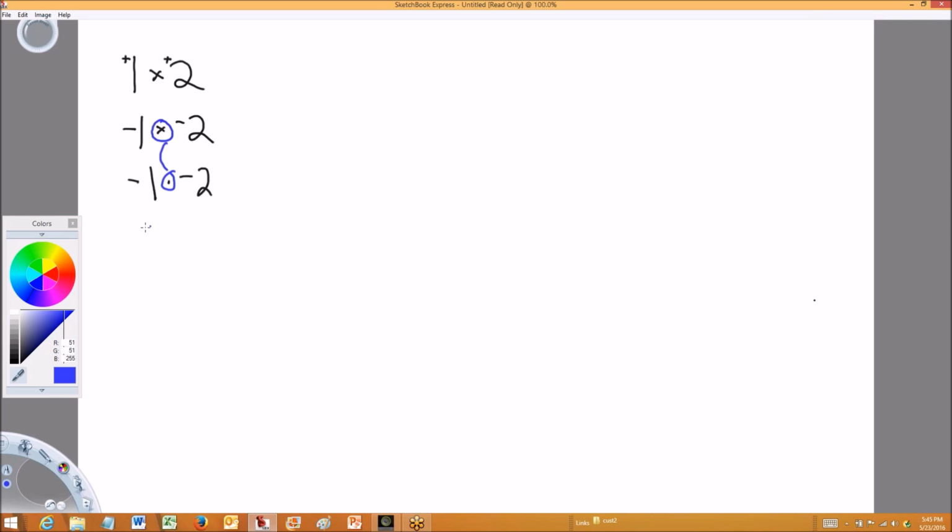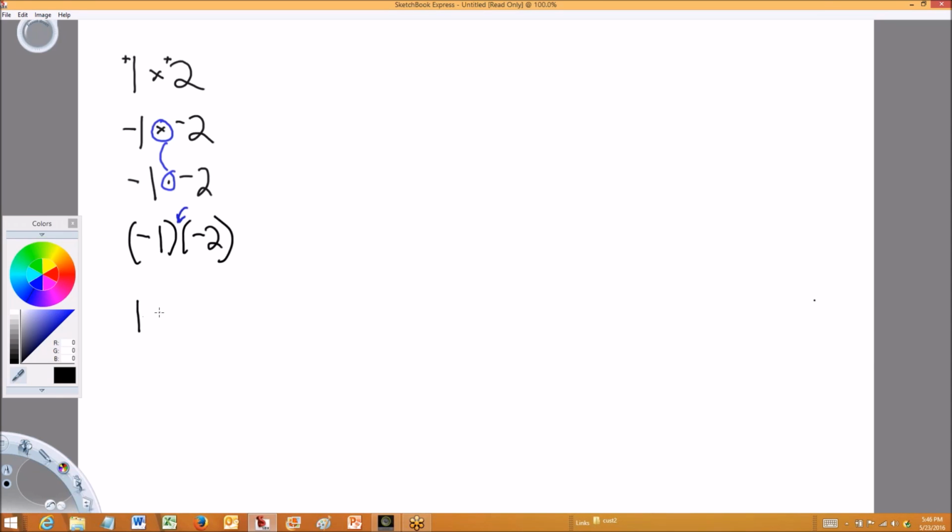And sometimes, especially when you have parentheses involved, there's no symbol at all. This has an implied multiplication value to it. And we will actually see that quite a bit. So I just wanted to get that clear, point that out. All right, so let's get back to our signs now.